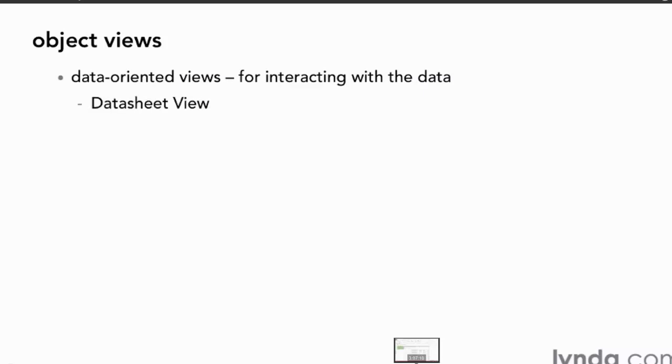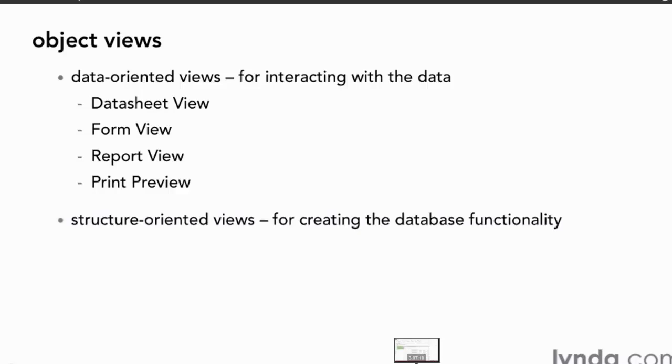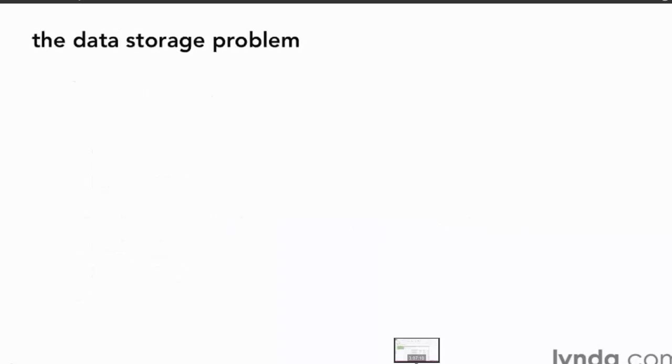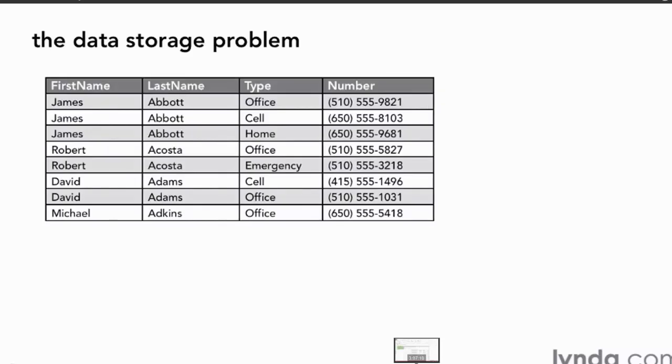These can be grouped into 2 categories. The standard view is the one you'll use when you're working with your data. Depending on the object, we'll use datasheet, form, report, or print preview views. These will display our objects when we're working with the information contained within the database. The other views are used when creating or modifying the structure of the objects. The design, layout, and SQL views all allow you to define how the database functions. Finally, it's important to understand the relational structure of an Access database. Take a look at the following problematic table of contact phone numbers.